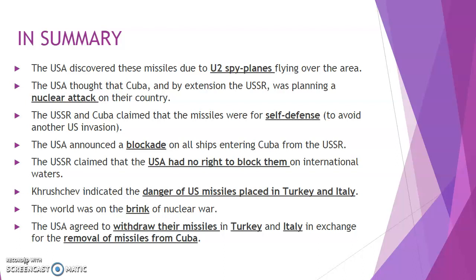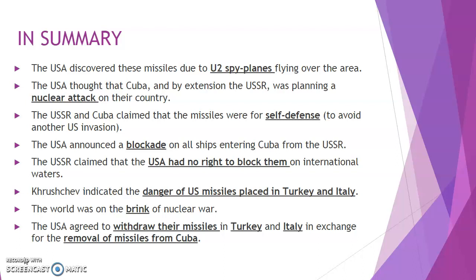I'm going to ask you to do me a favor and try to construct a paragraph using this summary that answers the question. I'm going to give you a limit of about 8 lines, and you need to answer the question: how did the Cuban Missile Crisis cause tension between the USA and the USSR? So I'm going to repeat that.